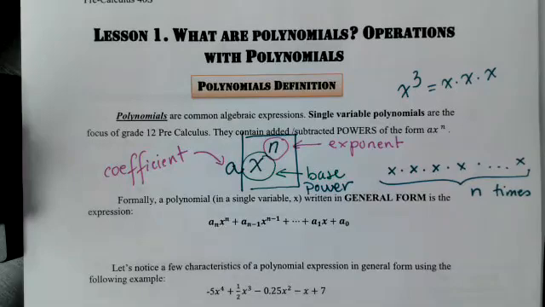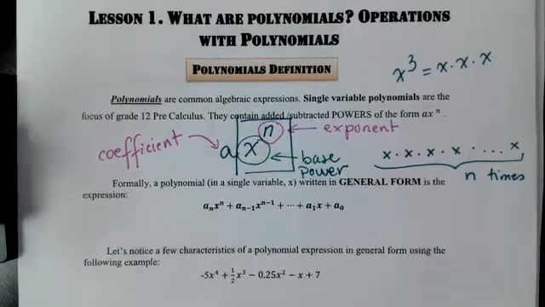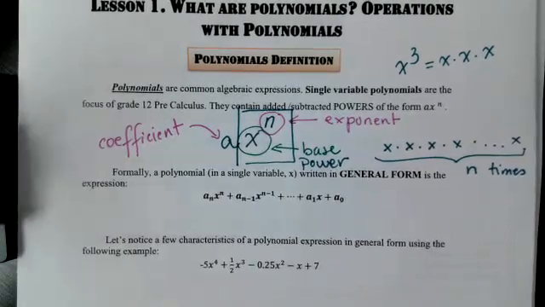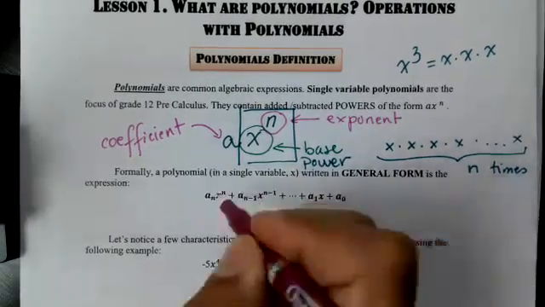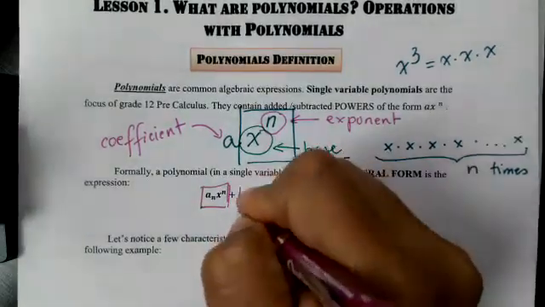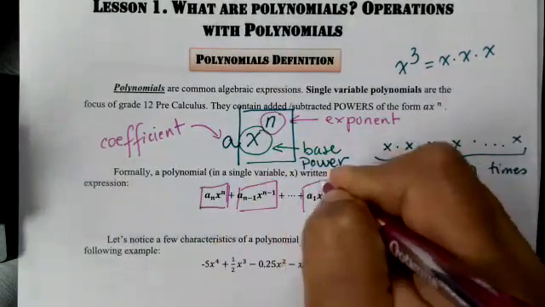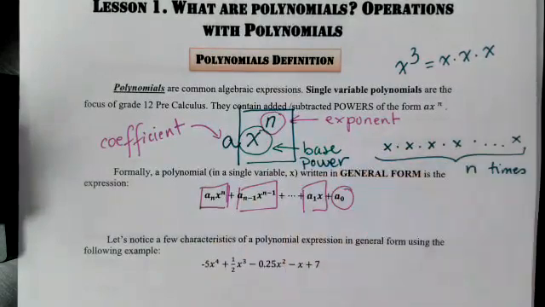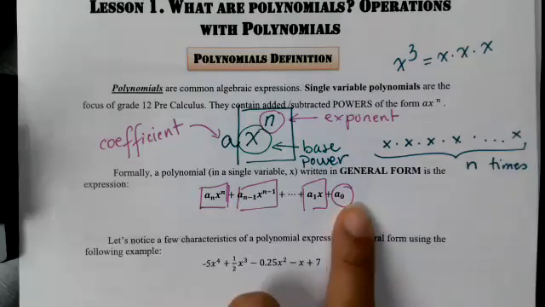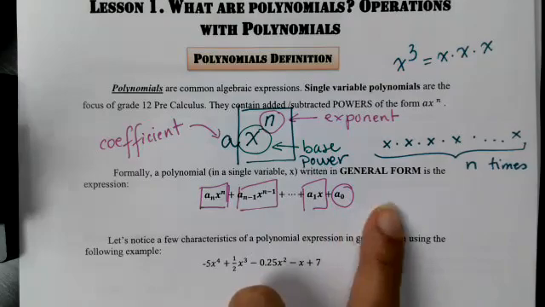So now, formally, we can define a polynomial expression in general form as one chunk plus another chunk plus another chunk, all the way until you reach what we call the free term. The last term can be a term with no x in it, so plus 7, minus 5, something without x in it.